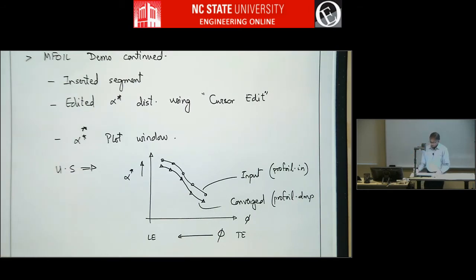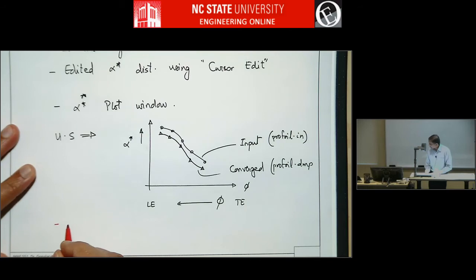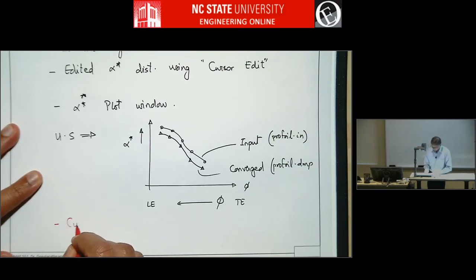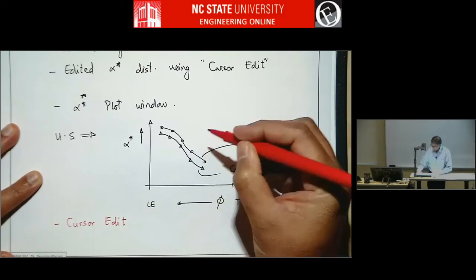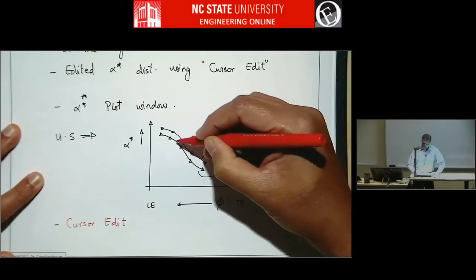Okay, so now if you want to edit the alpha star, I'm going to use red to denote editing alpha star. You click on cursor edit. And with cursor edit, you can go draw a line here. You're really trying to change the input, right?